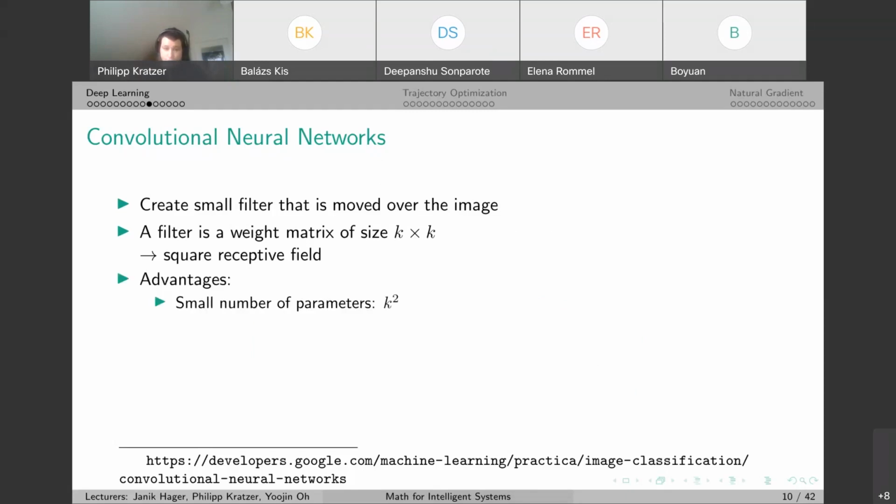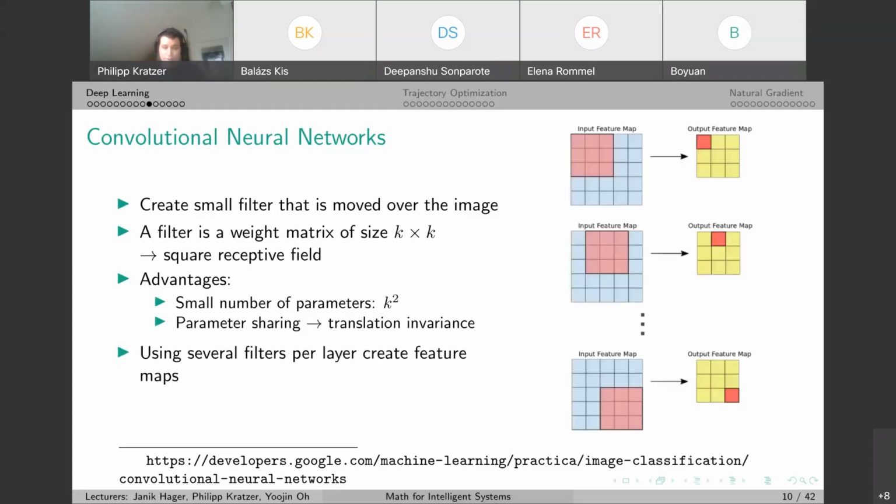You have a smaller number of parameters because you just have a smaller square. The idea is that you reuse weights when you apply it to the whole image, but only a smaller filter that is moved over it. So parameter sharing will lead to translational invariance.